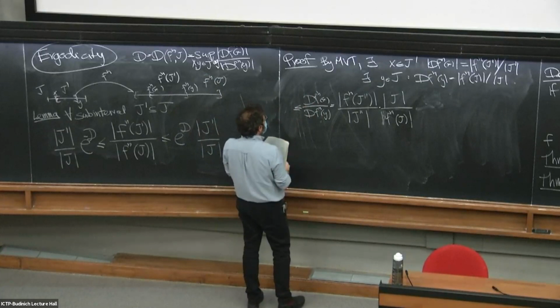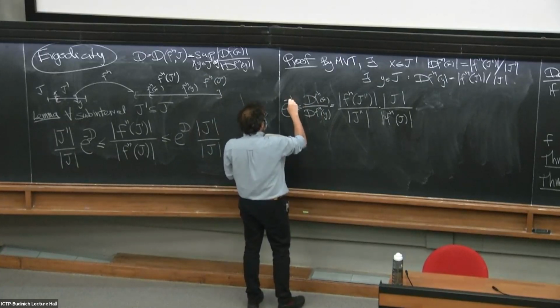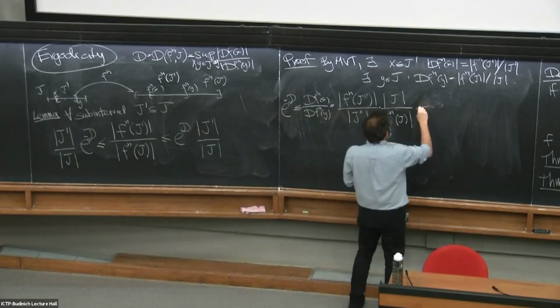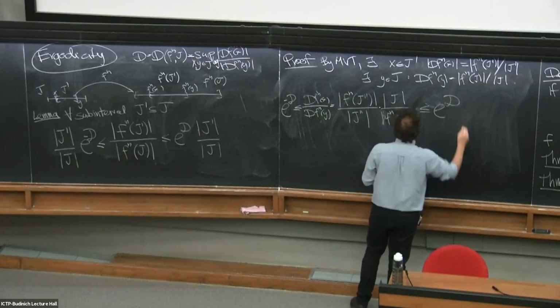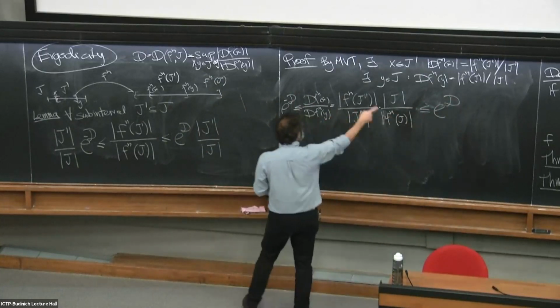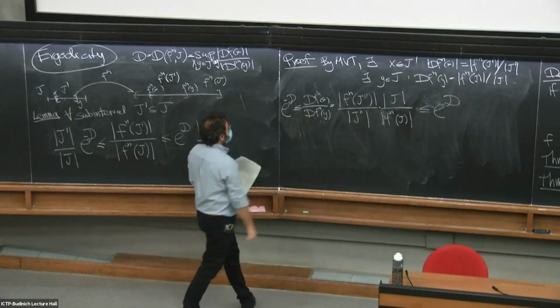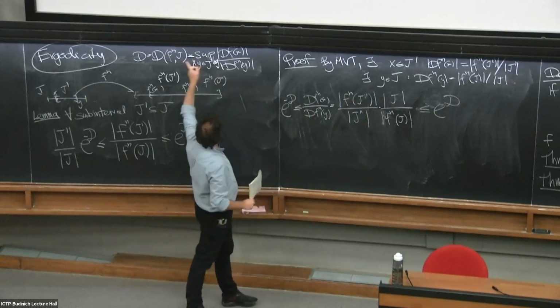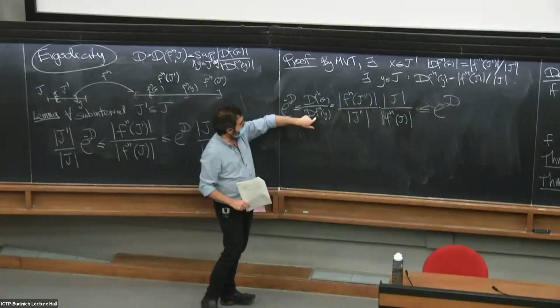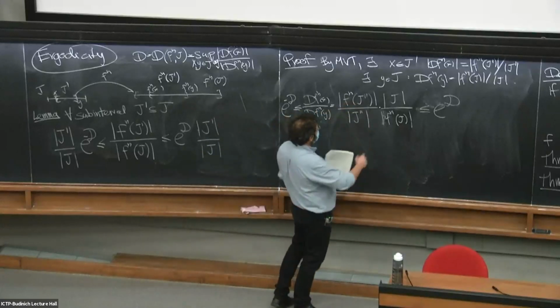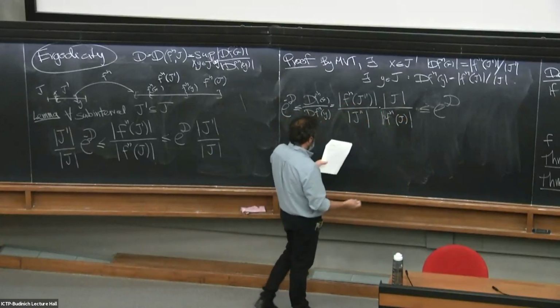This is greater than or equal to e to the minus D, and this is less than or equal to e to the D. I know by the definition of D that this holds in general, so it holds for this particular case, and therefore we just get the result.